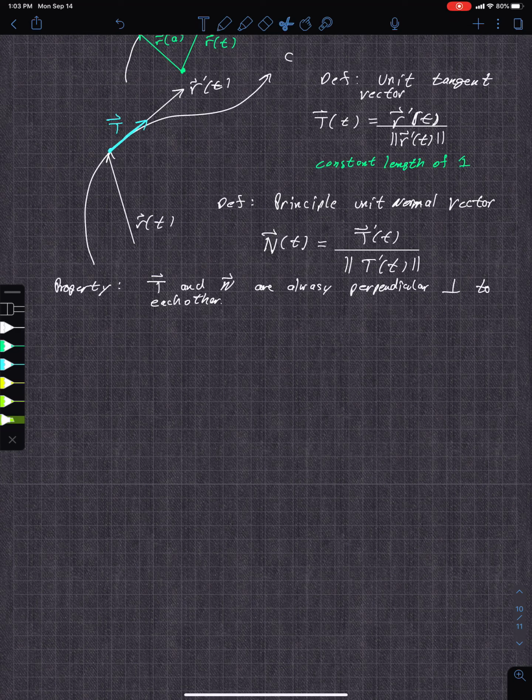It makes sense to say perpendicular just because we're in 3D, although saying orthogonal is fine too, but they're perpendicular.